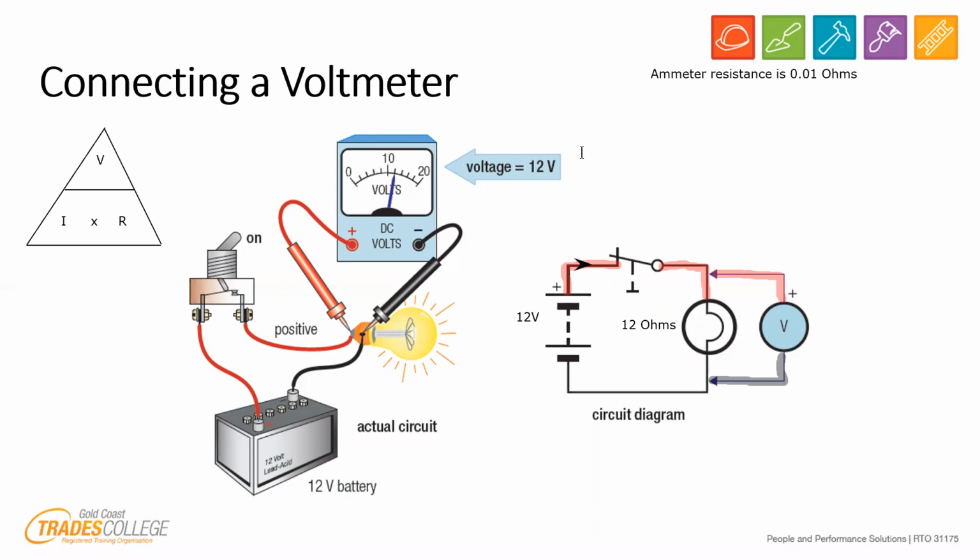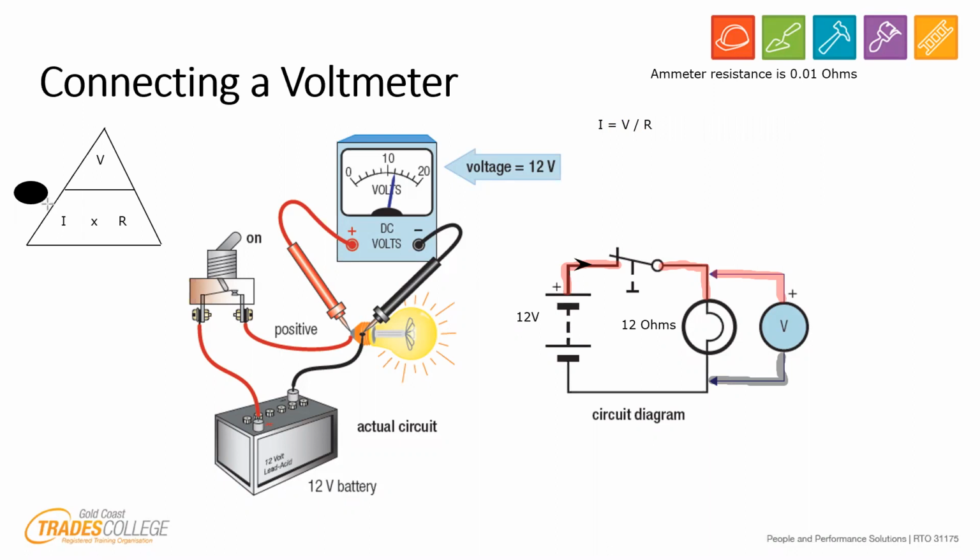And to work out the current flow there, I equals V divided by R. Once again, guys, if you're not sure where I got that from, look at our first sessions.